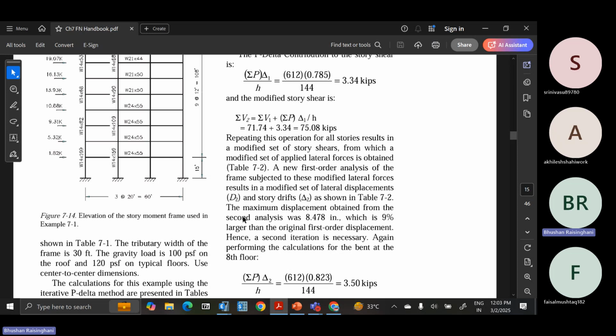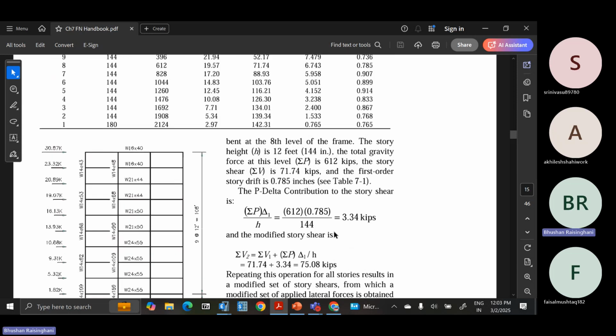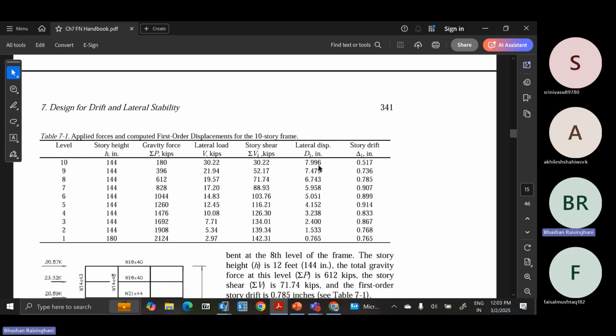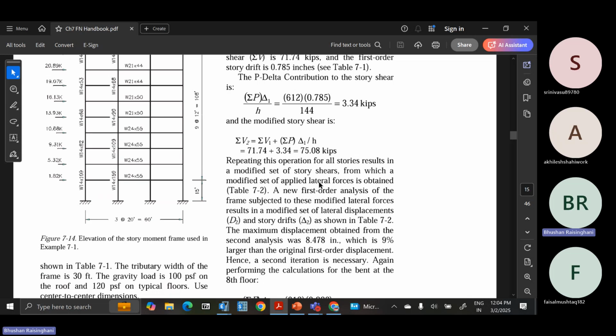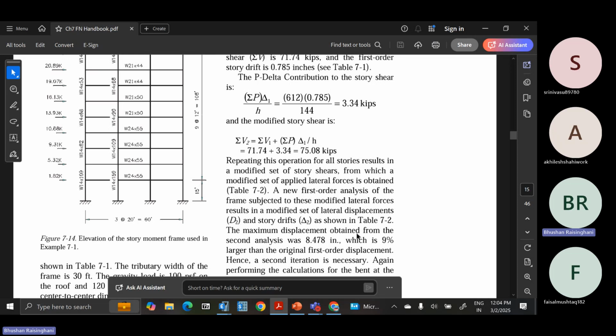And you can see the maximum displacement obtained from second order was this, which is 9% larger than the original first order displacement. I don't know why it is saying 9%, but if the displacement is 7.996 and 8.478, then it is to be 6% of the displacement.